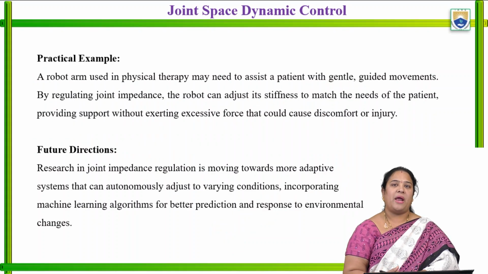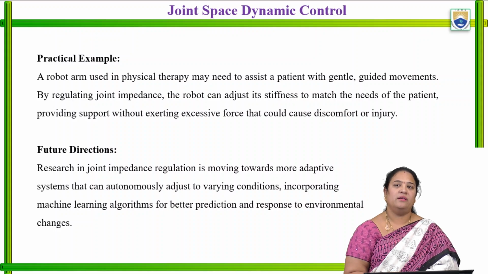Let us take a practical example and explain how this joint space dynamic is exactly used. Here is physical therapy needed for patients. When a robot arm is used in physical therapy, it may need to assist a patient with gentle guided movement, and by regulating the joint impedance, the robot can adjust its stiffness.